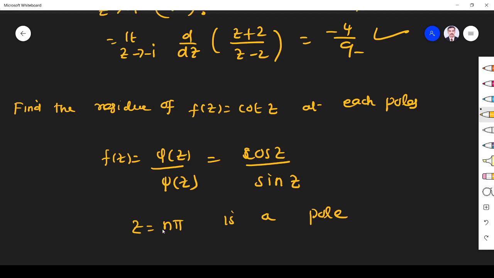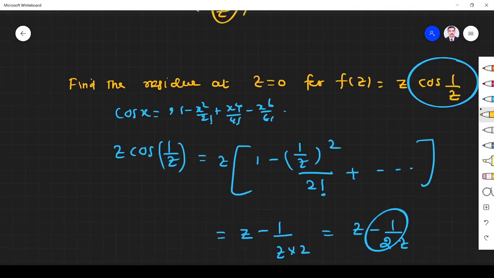But you see, when you substitute z is equal to n pi, sin n pi is 0, cos n pi is 1. So here the numerator is not equal to 0, the denominator is equal to 0 at n pi. You remember one case I have given, let us go there and see.